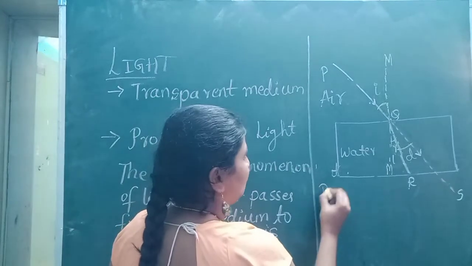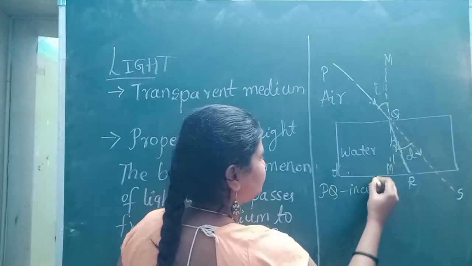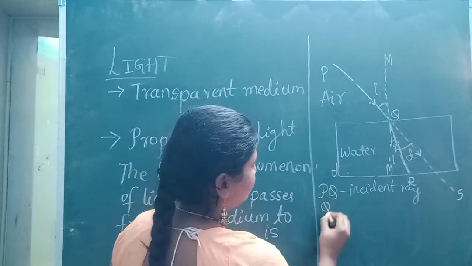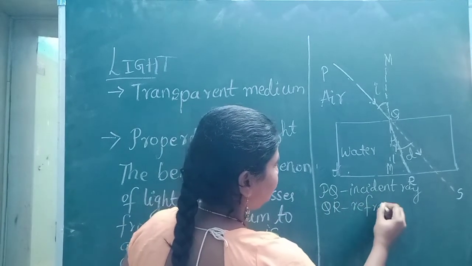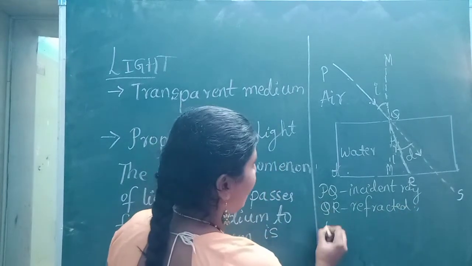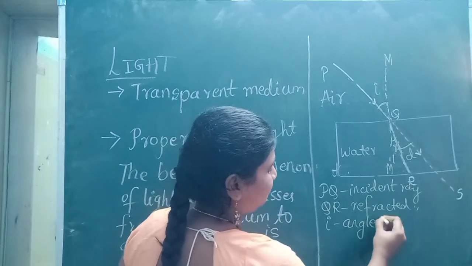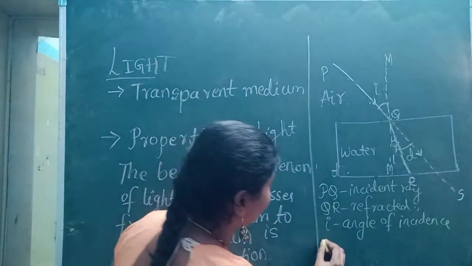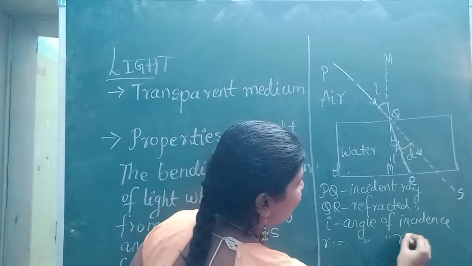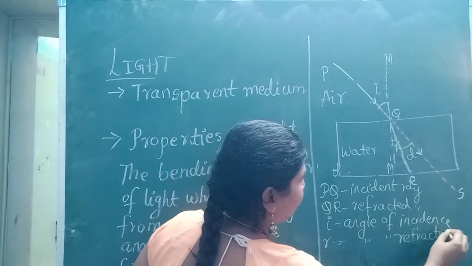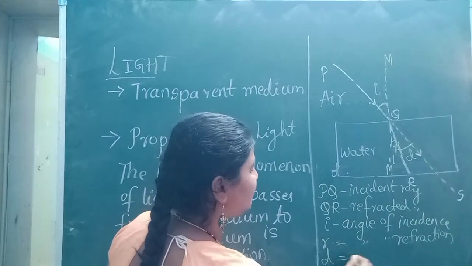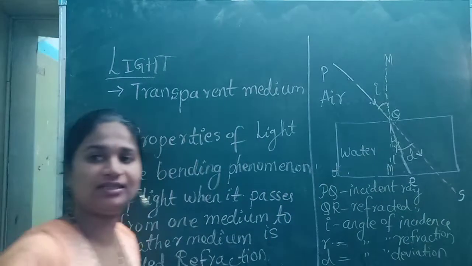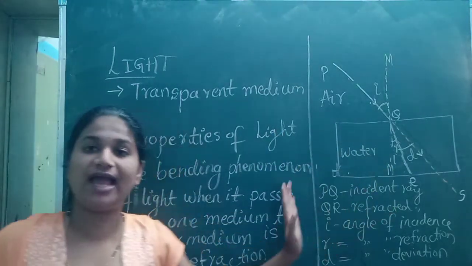So here PQ is the incident ray, QR is the refracted ray, i is the angle of incidence, r is the angle of refraction, and D is the angle of deviation. Deviation means it changed its path.